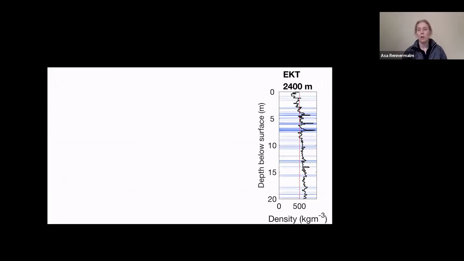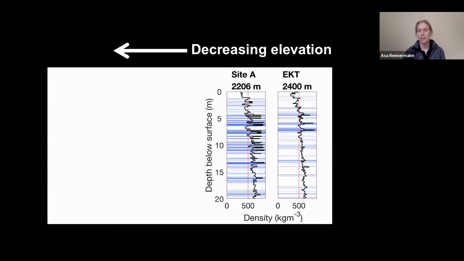All right, so now I'm going to take you down slope and show you the same kind of visualization for the 4 other sites, and show you what happened when we go down in elevation. So here is the next site down, and already here you can see a lot more variability, denser firn, and more ice layers.